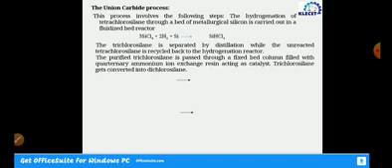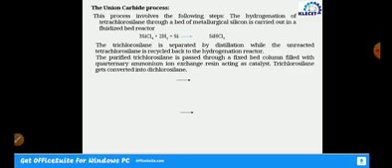The trichlorosilane is separated by distillation, and unreacted tetrachlorosilane is recycled back to the hydrogenation reactor.